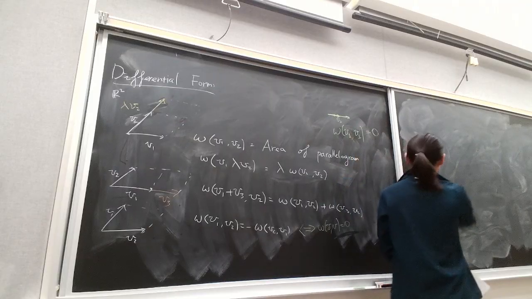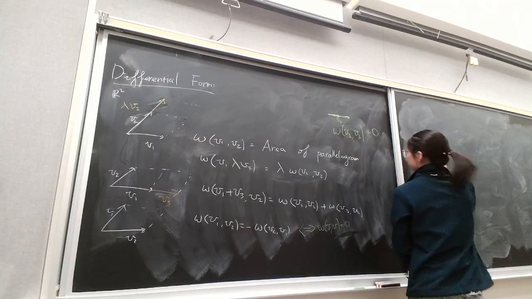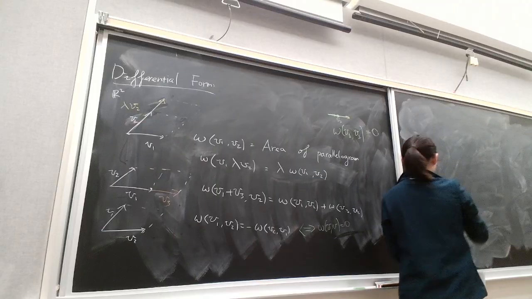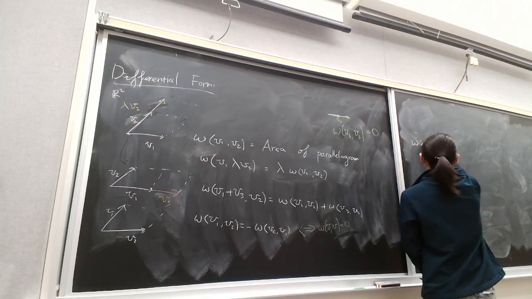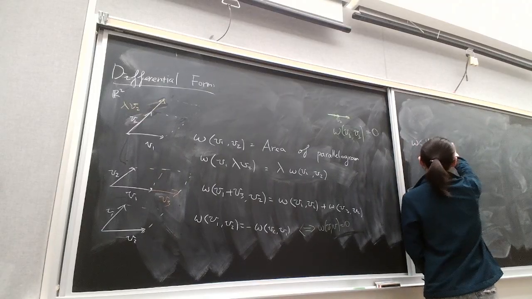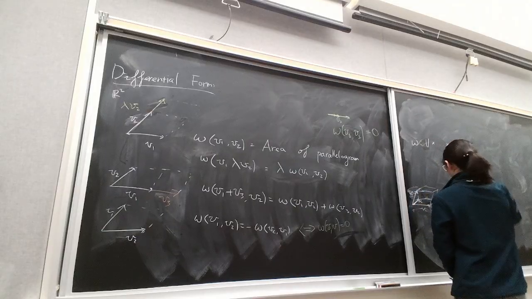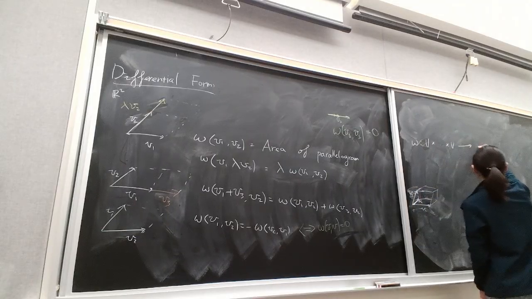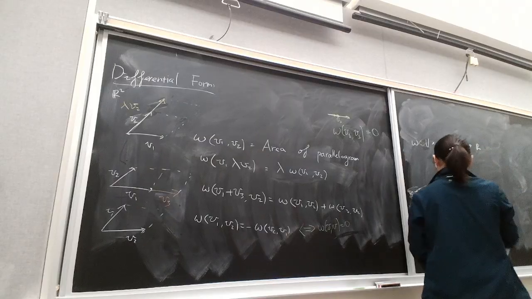So in general, for omega, we can demand it so that it's linear in each entry. Suppose we have a vector space V, and omega is a map from V cross itself n times into the real numbers.